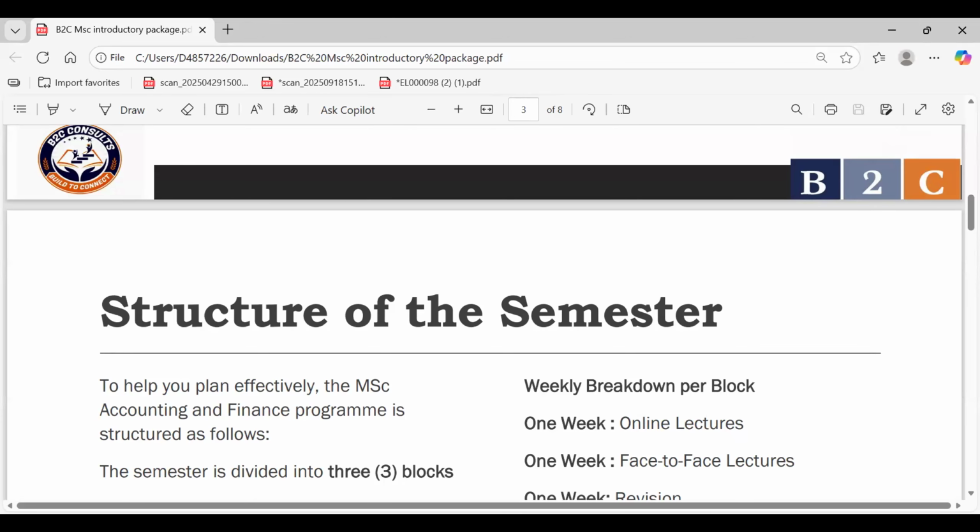However, these courses are divided into blocks. At the distance level, each of the courses is divided into blocks. For example, the first semester is made up of 3 blocks, and each block has 2 courses. Let's say, for example, in block one we have accounting theory and then taxation.